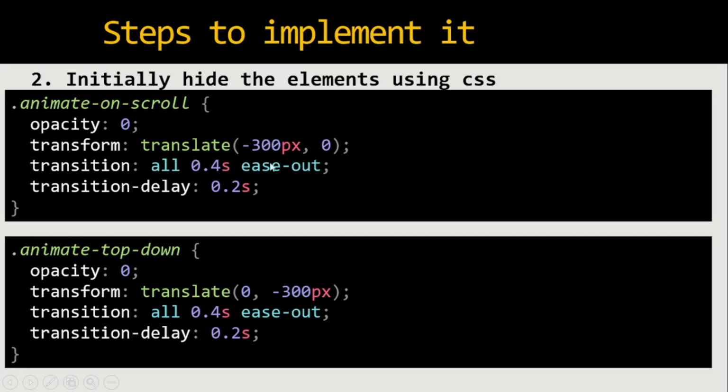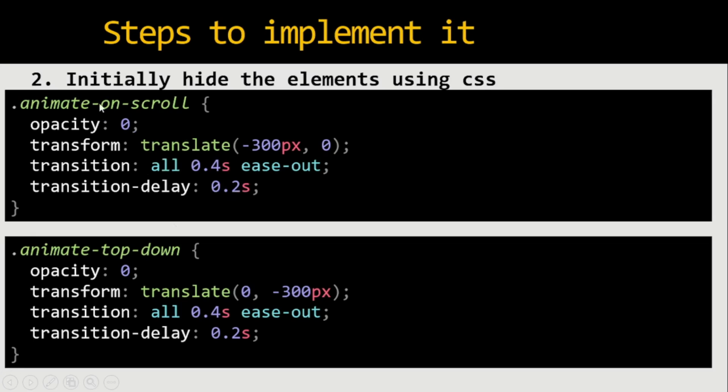The one we have specified is x, so y is left alone. Then we give them a transition, and we use transition delay. Transition delay means it will take 0.2 seconds before the animation happens.